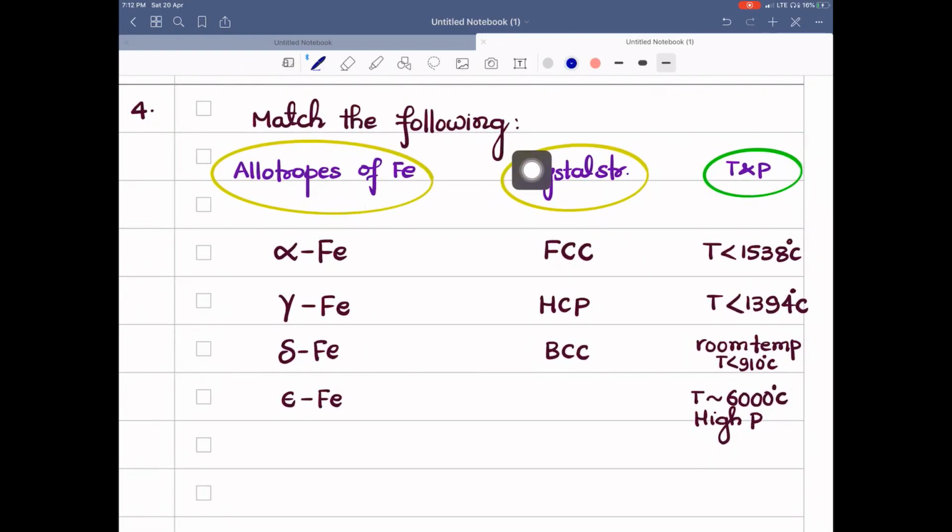Now we have to match the following: allotrope of iron, crystal structure, temperature and pressure. So let's see. We have alpha iron, that is also called ferrite. Alpha iron is the BCC form, so it is going to match with the BCC form, and it is stable up to 910 degrees centigrade from room temperature.